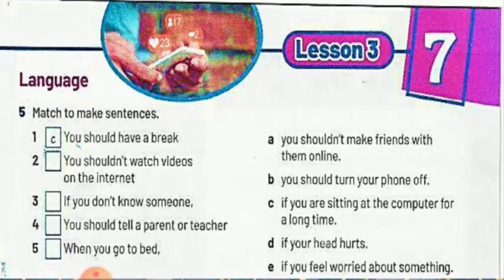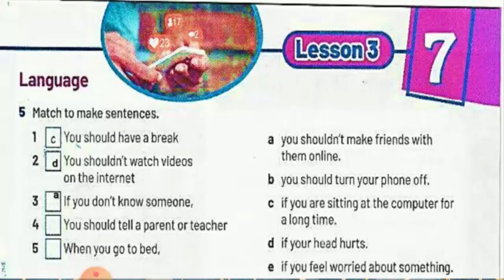Now, who can tell me what are the correct sentences to complete the first sentence? Yes, D, if your head hurts. Number 3, if you don't know someone, you shouldn't make friends with them online.